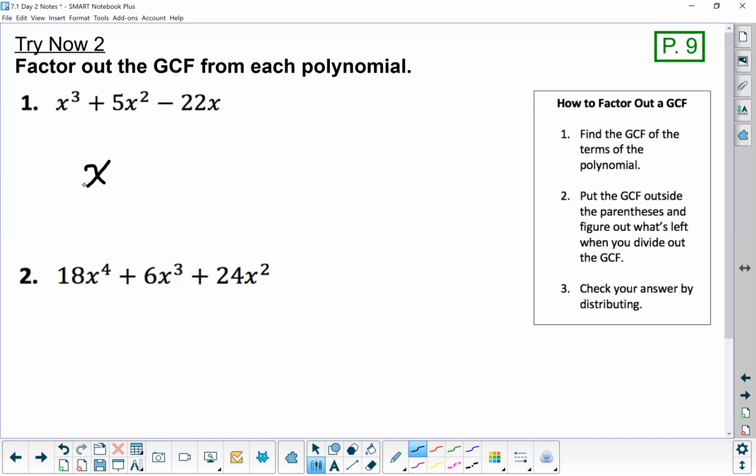Because one of our coefficients is 1, that kind of limits our GCF. So this one does not have a number factor for its GCF. It just has the x.